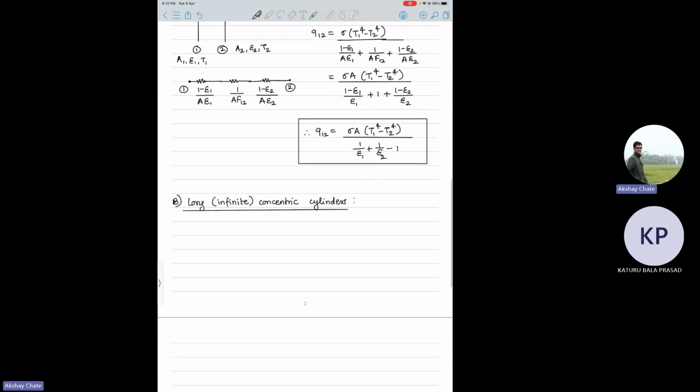So here maybe I'll draw it, but don't take the drawing very seriously. I just want to show two concentric cylinders here. There will be one cylinder, and then it will be enclosed by another cylinder.